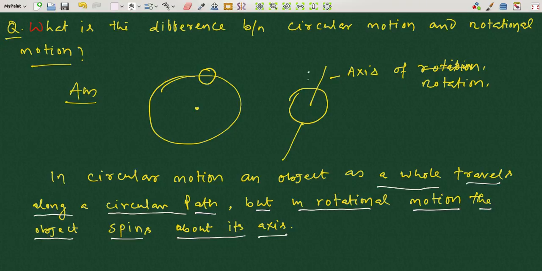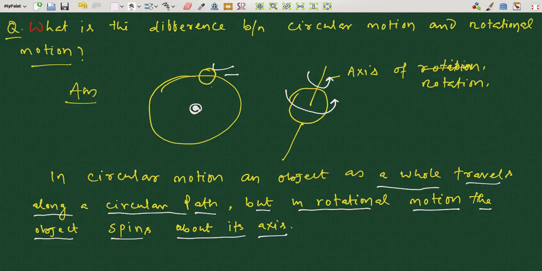So here the body is rotating about its axis of rotation. But in circular motion, the whole body is revolving in a circular path about a center. This is the center, this is the earth, this is the sun. So the earth is revolving around the sun.